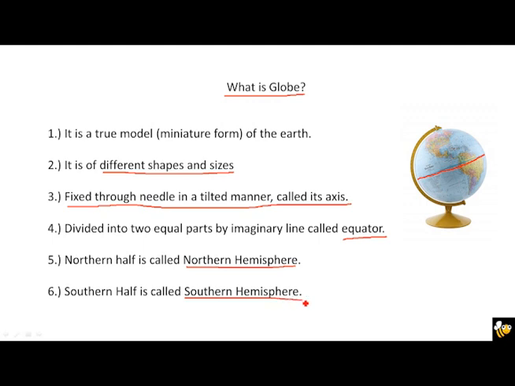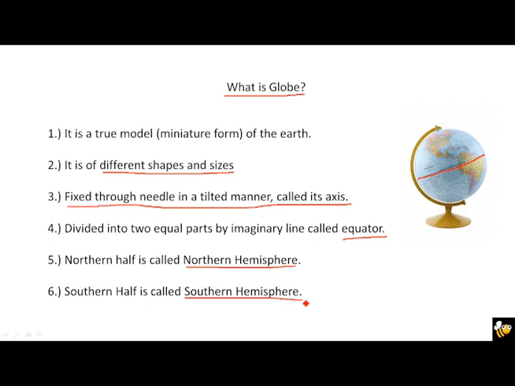So we have discussed what is a globe. What is a globe? A globe is a miniature form of the Earth, that is a small form of the Earth. And they are of different shapes and sizes, which means that we can put one in our pocket also, and we can keep a globe on the table also.